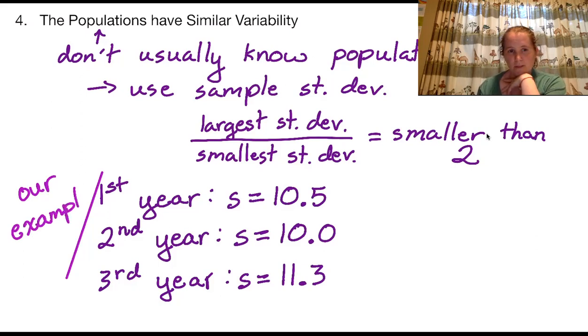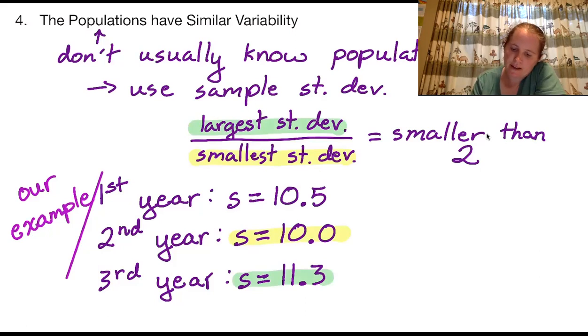I apologize, my computer is being slow at the moment. Second year had the smallest standard deviation, that would go on the bottom. And third year had the largest, so that would go up top.